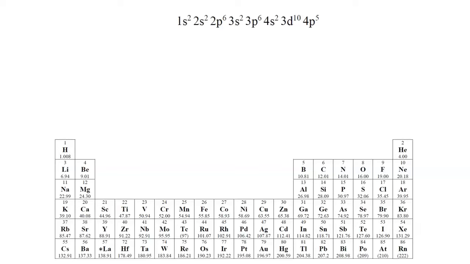We've seen that if you add up the superscripts in the electron configuration, that total number of electrons allows you to find the element on the periodic table. So the total number of electrons in this electron configuration that we were given is equal to 35. So 35 represents the element bromine, or Br.